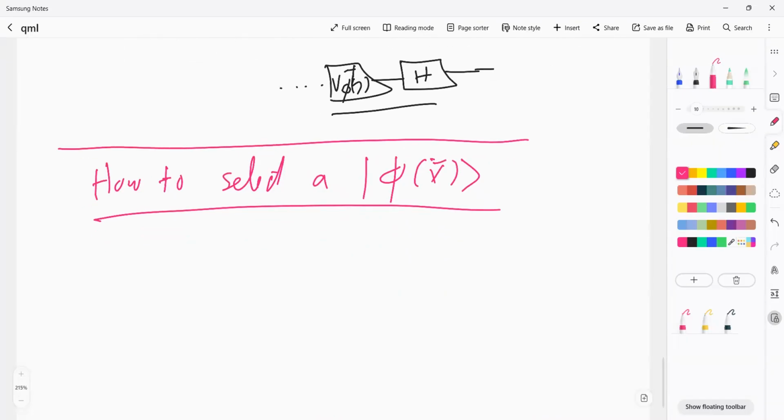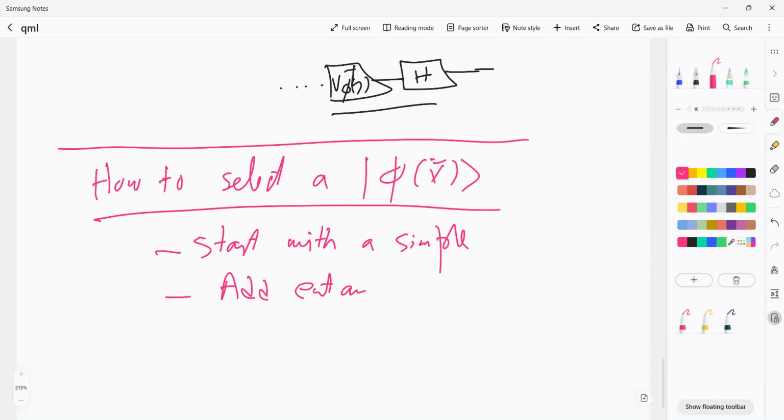So generally, we start with a simple map, and then people would add entangling layers to see if it can work better than the simple one, and maybe you can add repetitions and then keep experimenting, and at the end of the day you might come up with a kernel that classifies your data very well and maybe better than classical.